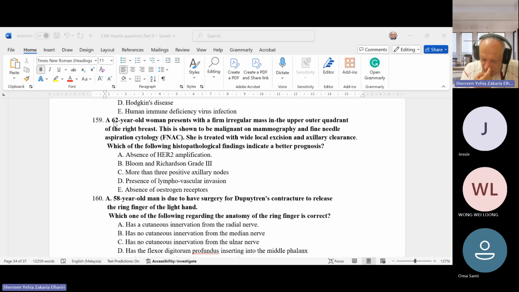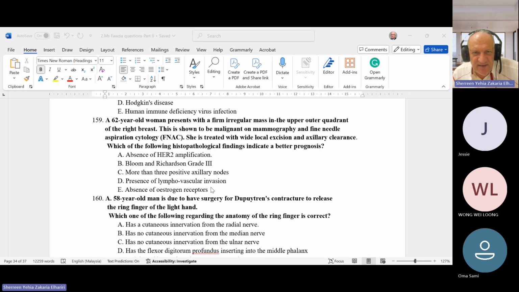I changed this question because better prognosis means that ER is positive and HER is negative. Okay? In the other version, of course, absence of HER amplification means ER positive, human epidermal receptor negative, absence of amplification, so it is correct.